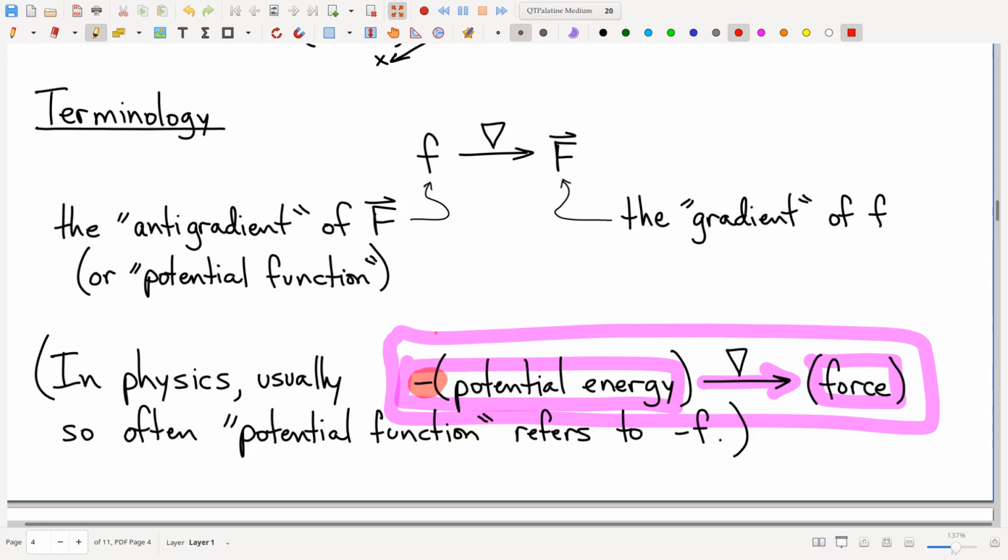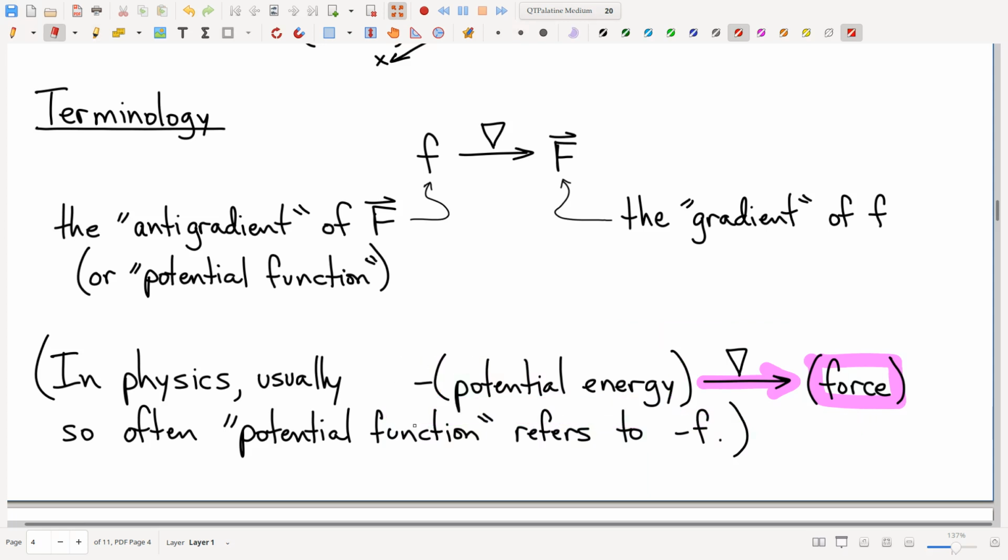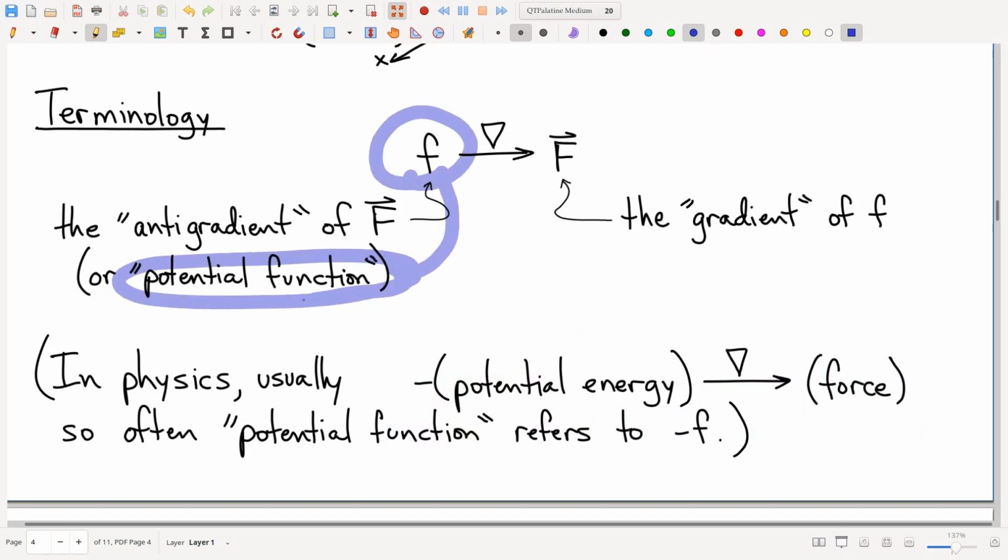So now, with that in mind, you might be able to already see the problem with referring to what I would call the antigradient as the potential function. Well, it ignores the fact that there's a minus sign there, and it's completely unnecessary confusion. We don't have to call this the potential function.